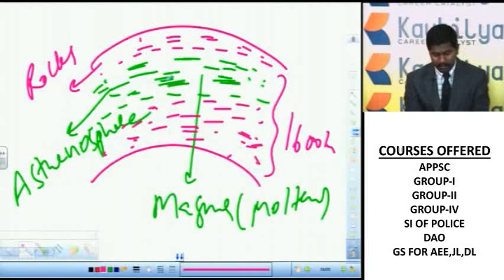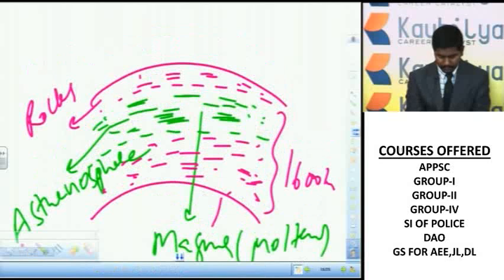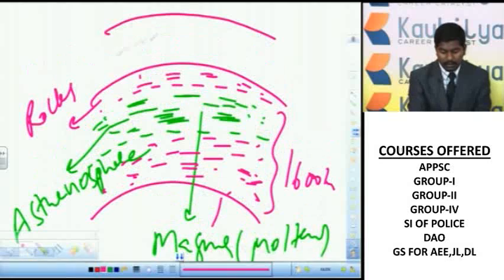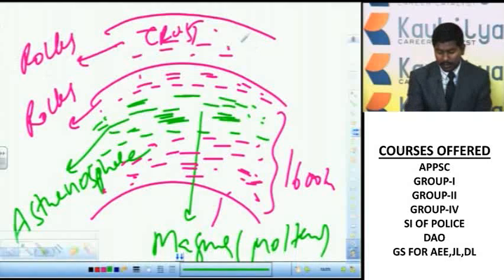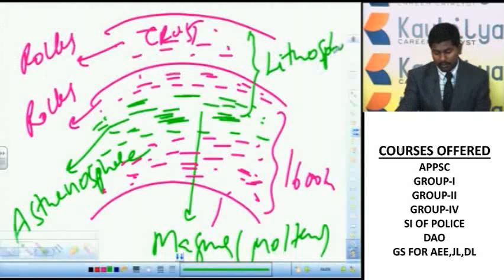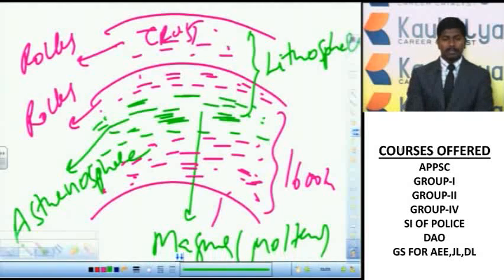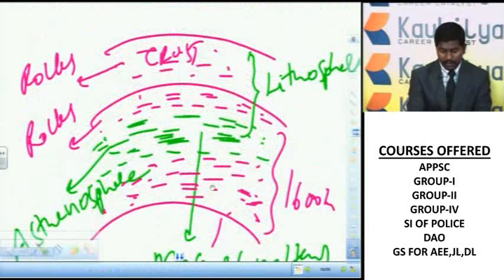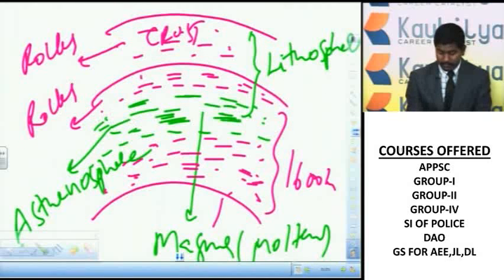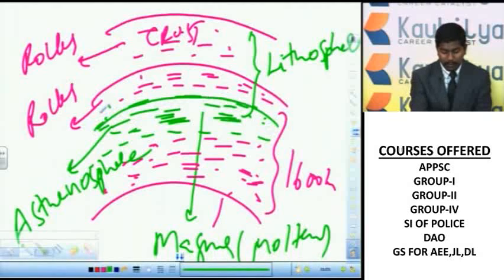Now above this asthenosphere is the rocky portion, and I already told you here is the crust, which is also made up of rocks. That's why this entire portion made up of rocks, from here to here, is called the lithosphere. We can understand from this diagram that above the asthenosphere it is made up of rocks. Of course it is the upper part of the mantle, but the crust is also made up of rocks.